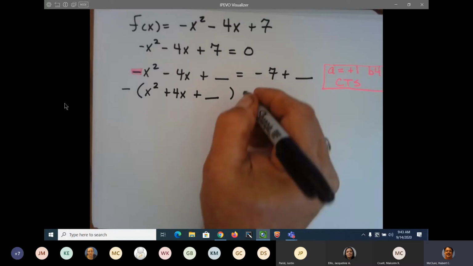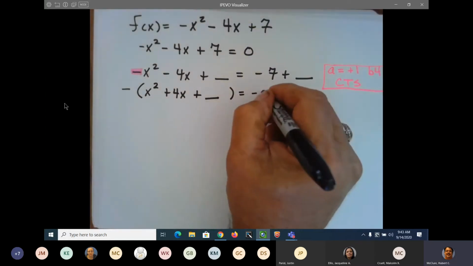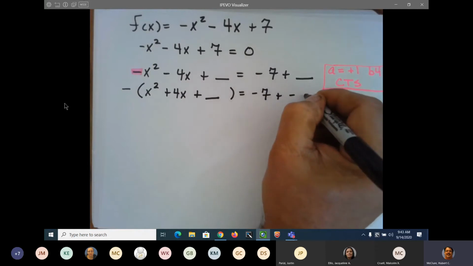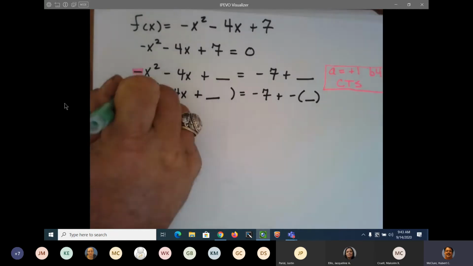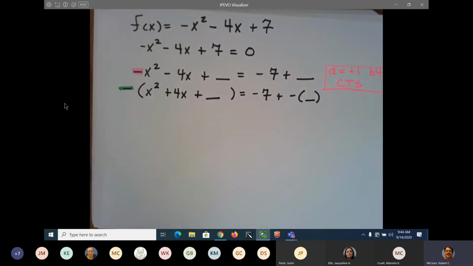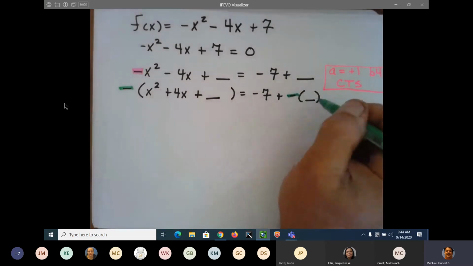Now there's one trick. If you factor out a negative right here, then you have to multiply that same negative by this number right there. I'm going to put that in a green highlight because you need to make a note of that. Whatever you factor out here, if it's a negative 1 or negative 8 or negative 200, you have to multiply it over here by this blank.